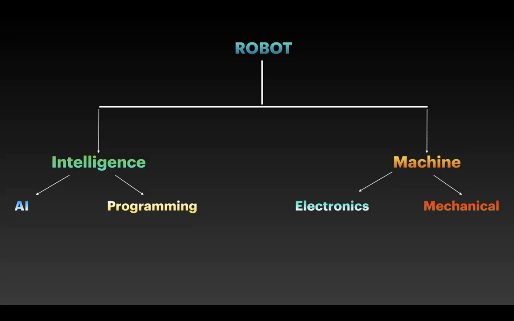So if you know how to do the programming, if you know how to make a mechanical part for the robot, and if you know how to select and fix electronics, and if you know how to program all of these things, then you know how to make a robot. Then you can build any robot from there, right? With time, right? So therefore, we are learning the fundamentals of making a robot in this course.